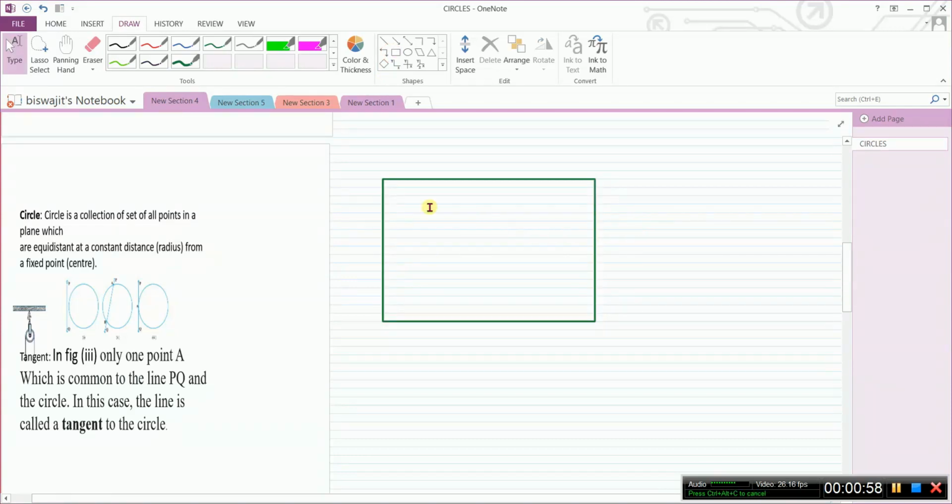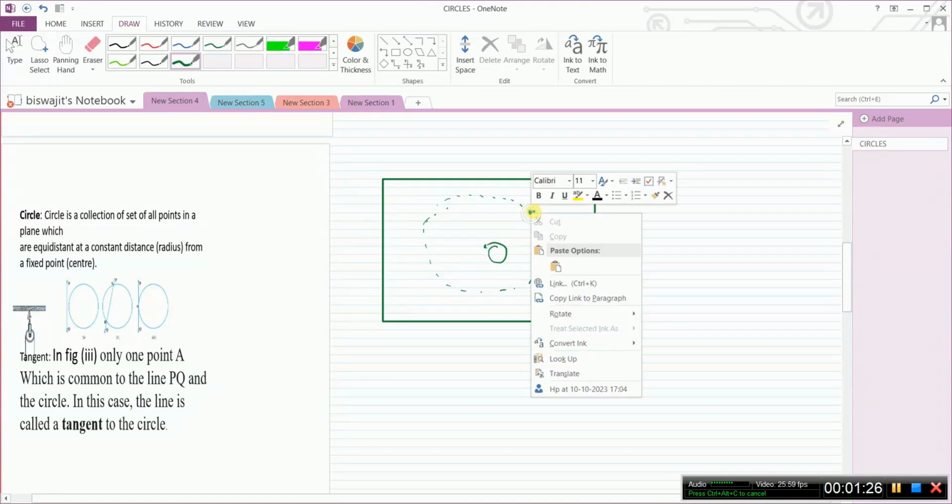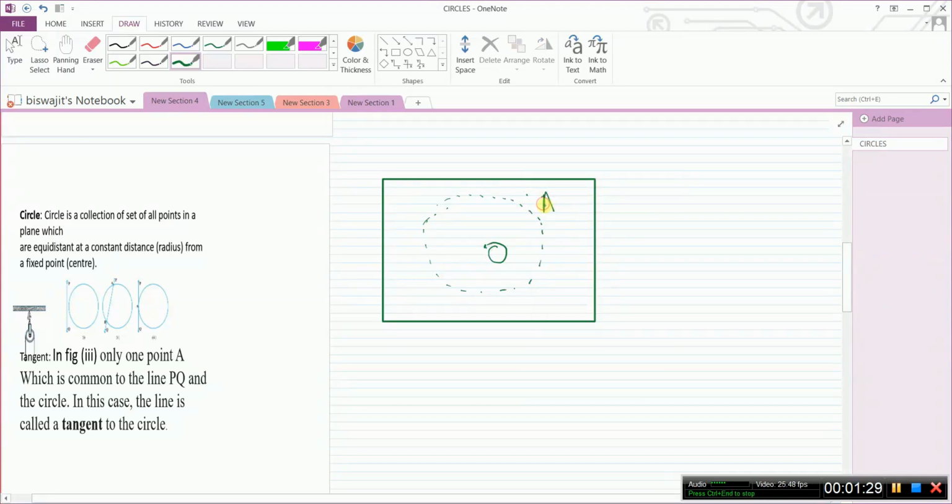In this confined plane there are so many points, and among them I consider a single point. From this single point there is a set of points, a collection of points, and these points are equidistant from this fixed point, which we name O. From this we consider a point A, and here B. Suppose A and B are two points of the collection.